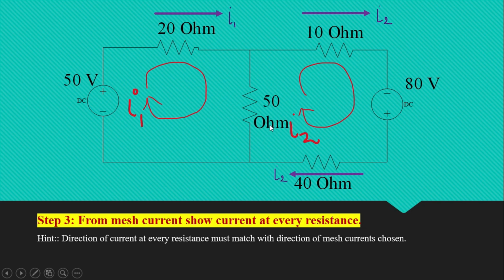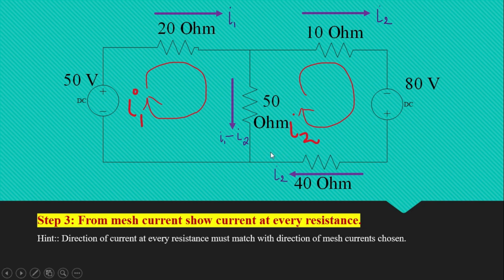Now let's talk about the last resistance, the 50 ohm. In the 50 ohm, we have two currents, I1 which is coming from mesh 1 and I2 which is coming from mesh 2. To see the overall contribution, I1 is going down and I2 is going up, so the net current would be I1 minus I2 going down.